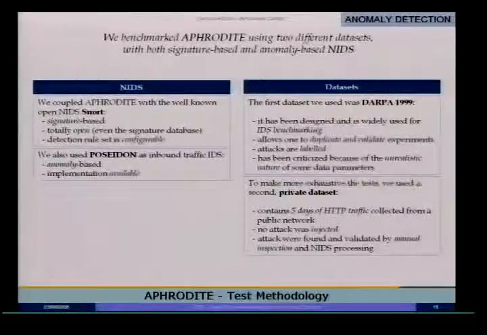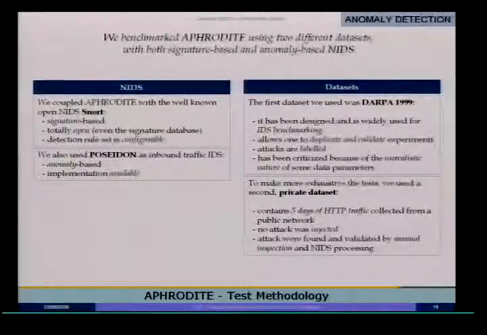That's why we also chose to have our private data set, because it can no longer be considered a good example of nowadays traffic. But anyway, its weaknesses don't really affect our system because we are not taking into account those parameters that were used to tune the system that was presented in 1999.